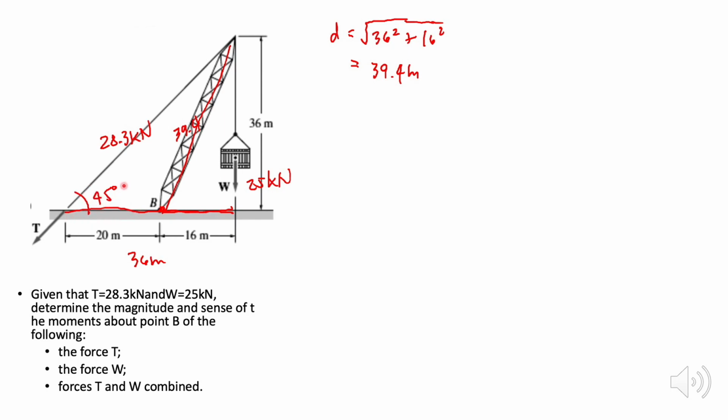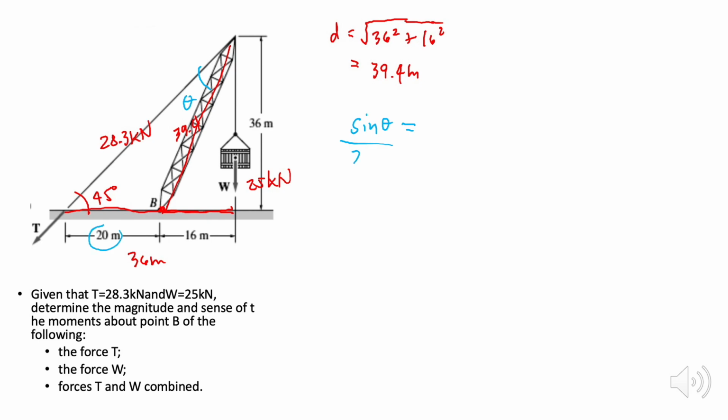Now given this length here, which is 39.4, and the length here, which is 20 meters, plus the 45 degree angle here, we can get the angle here, let's call this angle theta. To find angle theta, it's the angle between this member and this T. So we can use sine theta, but first let's divide sine theta by the side opposite to it, which is 20 meters.